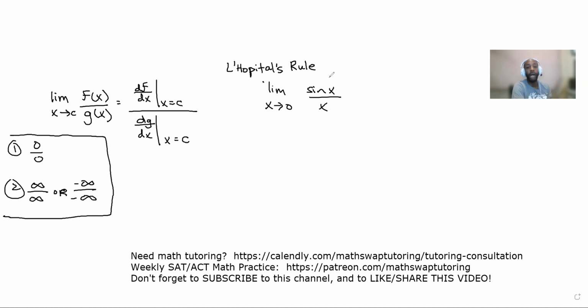We had to do that by zooming in really close, and we even had to use some geometry and trig. But L'Hopital's rule is a way to make this type of thing a lot simpler to see. Let's apply it, because we know that if we plugged in 0 into this function, you would have 0 over 0, which you can't do.